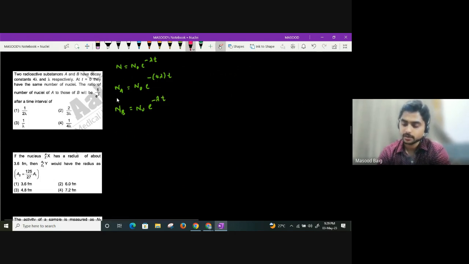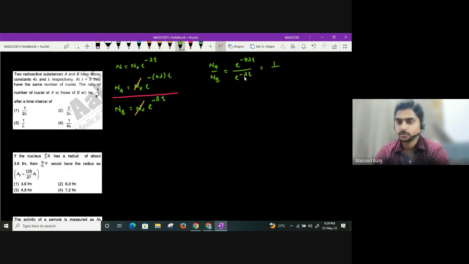So if I divide both of them, what are we going to get? Anyhow, N naught and N naught will get cancelled out. So we will get Na divided by Nb as e power minus 4 lambda t divided by e power minus lambda t. If I send this to the numerator, I will get e power 4 lambda t minus lambda t, which will be 3 lambda t. And what is the ratio of Na by Nb given?